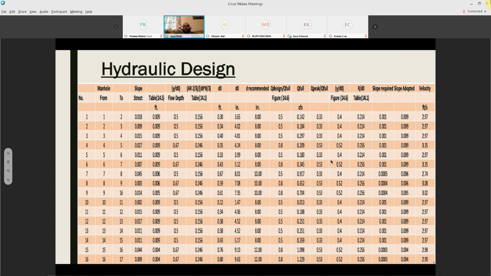Being that the diameter is below 8 inches, we had to go with the regulation minimum, which is 8-inch pipes for those that fall below 8. And using that, we checked for our velocity and our slope using the calculations. Where the slope was too small, we used the recommended slope and then checked our velocity, which is above 2.5 feet per second, which makes us within the requirement.